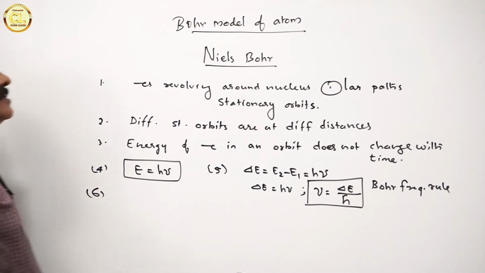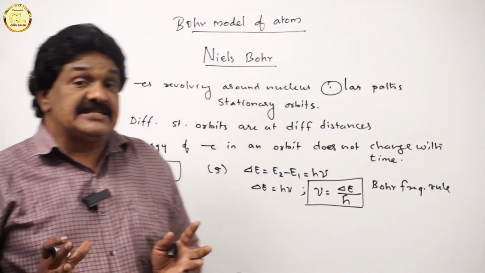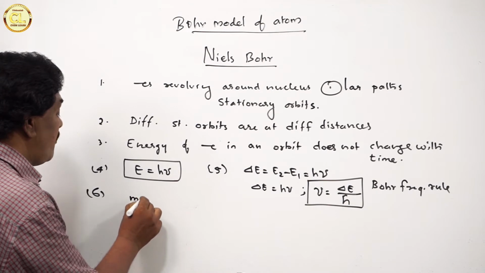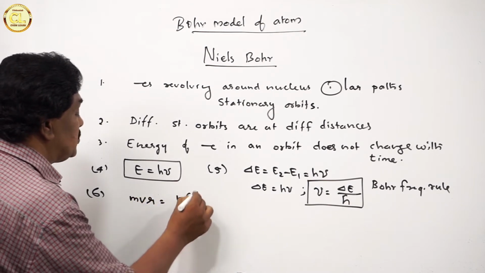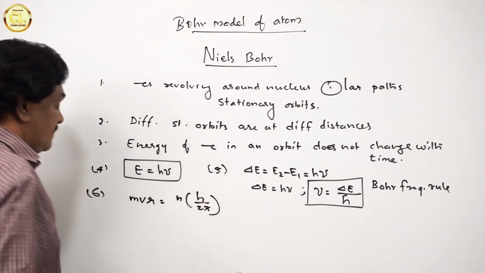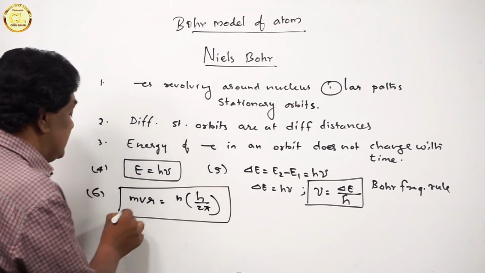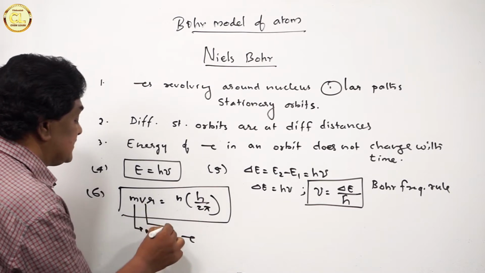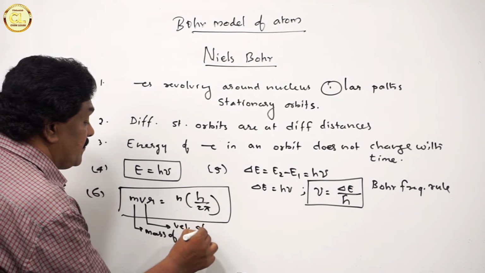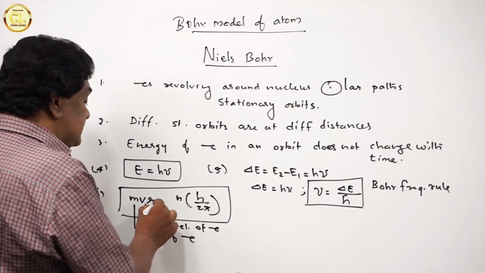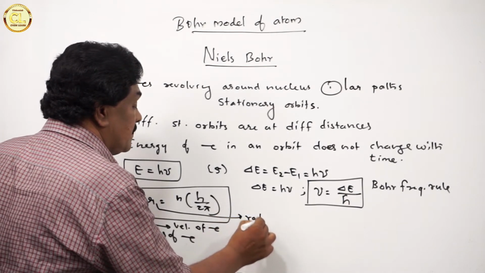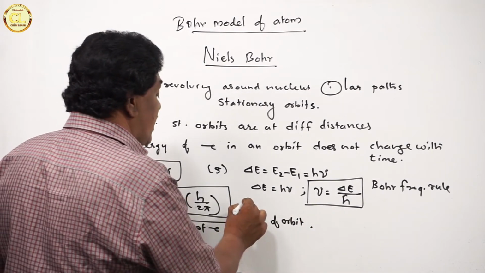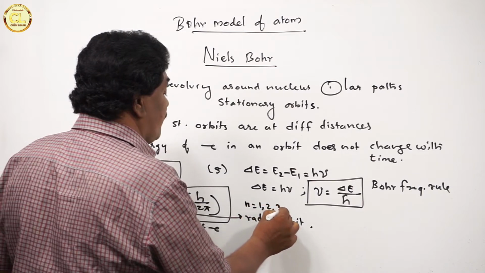Then the sixth point. Bohr calculated the angular momentum of an electron in an atom according to the expression mvr = nh/2π, where m is the mass of the electron, v is the velocity of the electron, r is the radius of the orbit, and n is the number of the orbit and can have the values 1, 2, 3, 4, etc., integers.